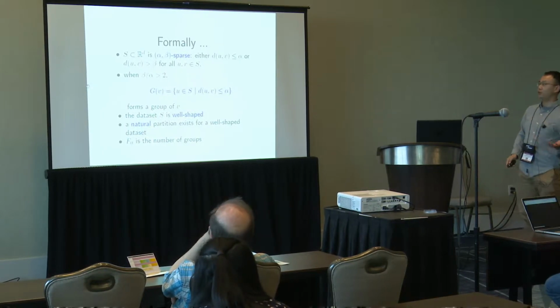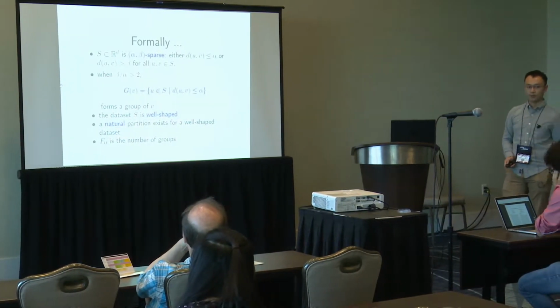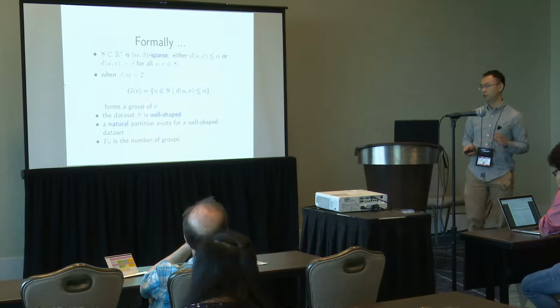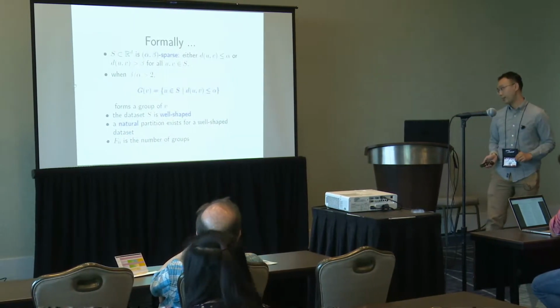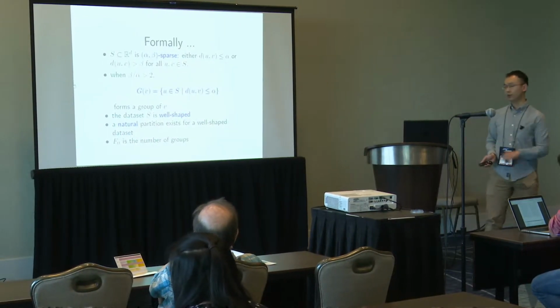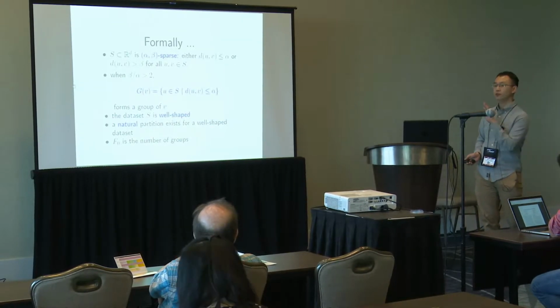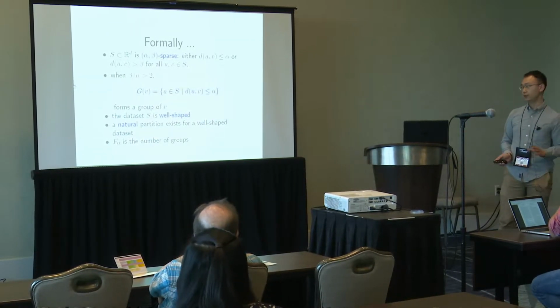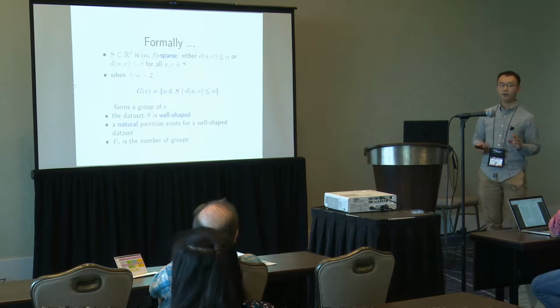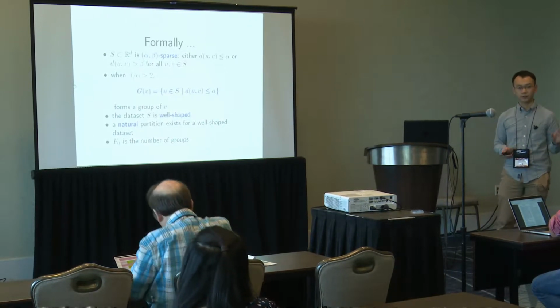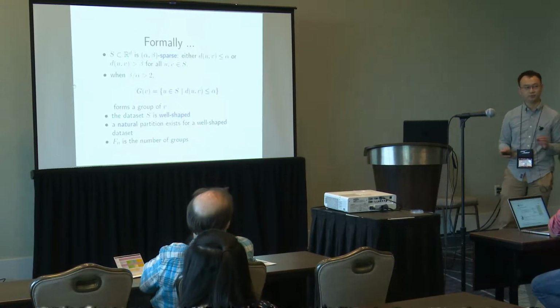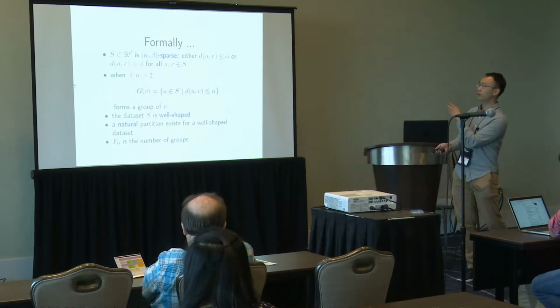For such a data set, we say it's well-shaped, and there's a natural partition. F0 is defined as the number of groups. For most of this talk, we will consider the well-shaped data set, but our result can extend to a general data set where there's no natural partition. We will talk about that later.